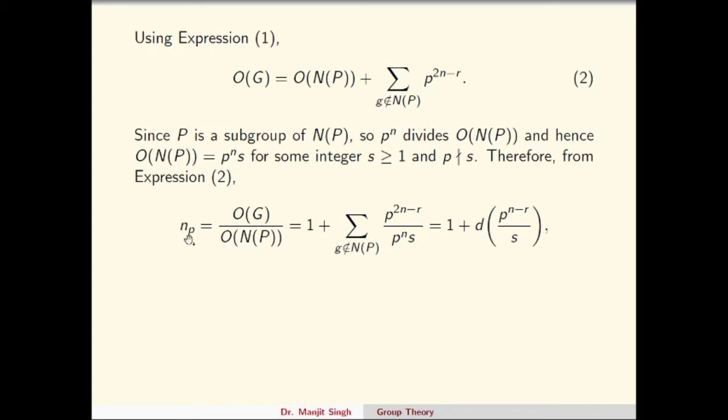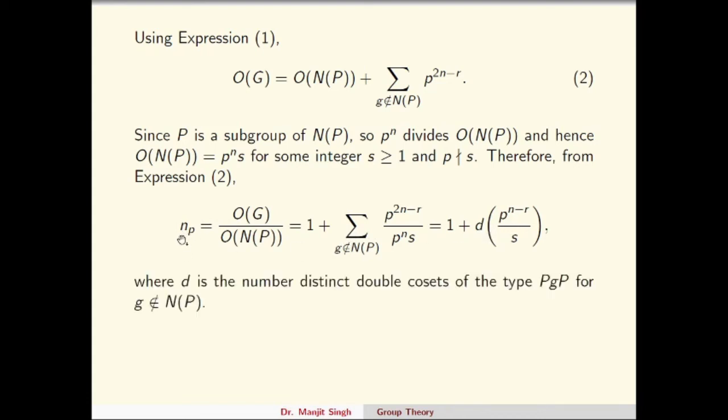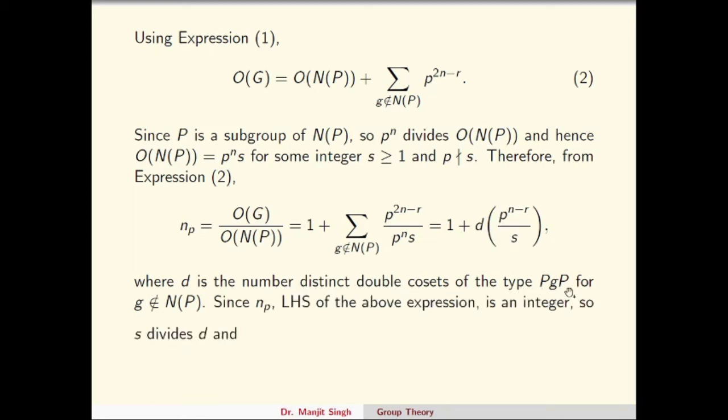So now you see that the left hand side, n_P, is an integer, and 1 is also an integer, so this expression will be an integer. Since P doesn't divide S, it means that S will divide D, where D is the number of double cosets of this type, as we have discussed.